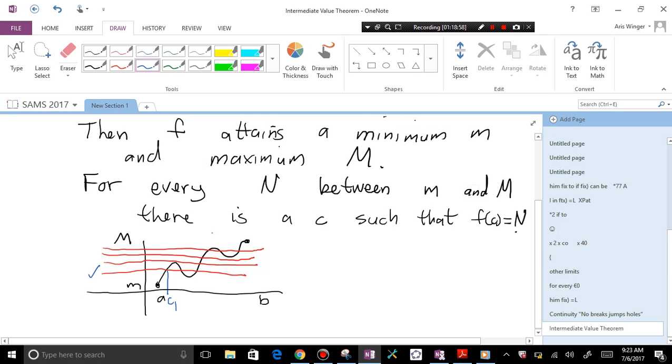Oh, I got you. There's that C for this one. For this n, there's a C for that one. You have to hit every value between little m and capital M; there is some x value associated with it.